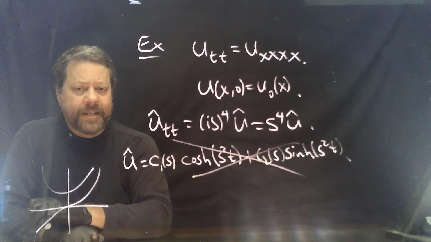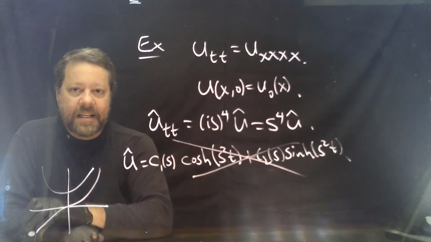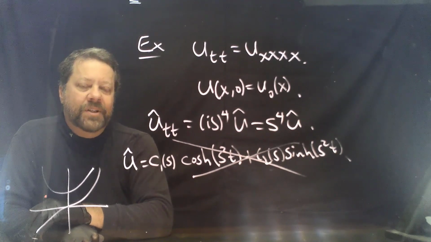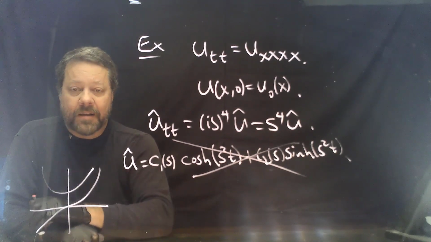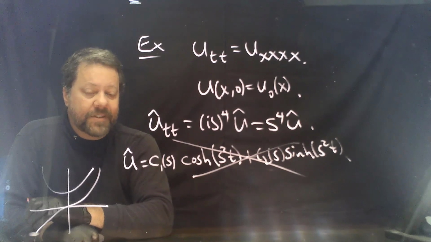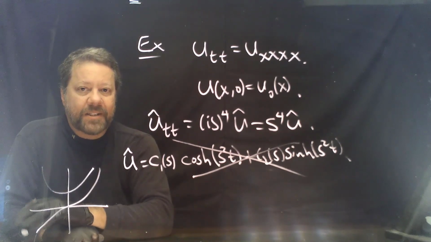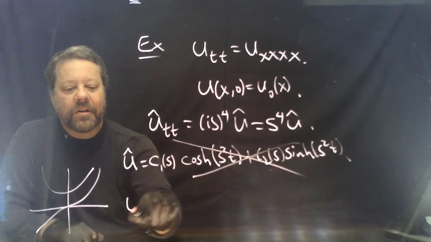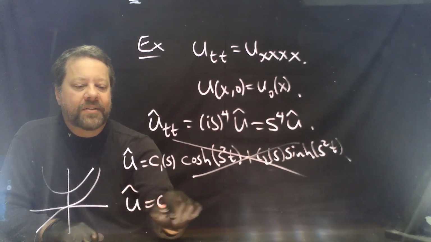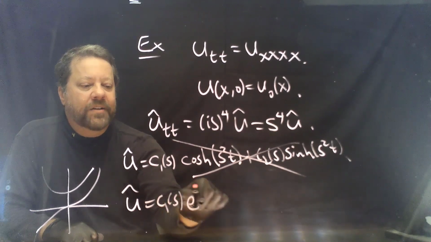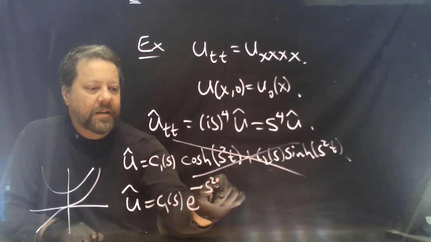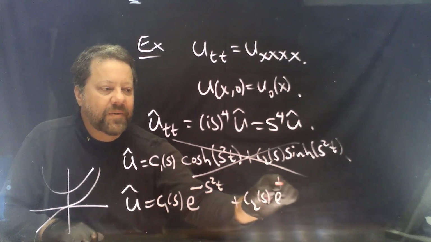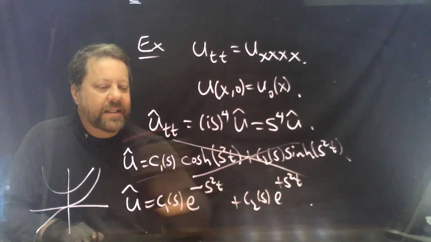There is an alternative basis, and that's e to the positive constant times t, which has second order derivative a constant squared times e to the constant times t, and also e to the minus constant times t, because with two derivatives, you get two negatives, which cancels out. So you could look at it this way. U hat is c1 of s e to the minus s squared t plus c2 of s e to the plus s squared t.